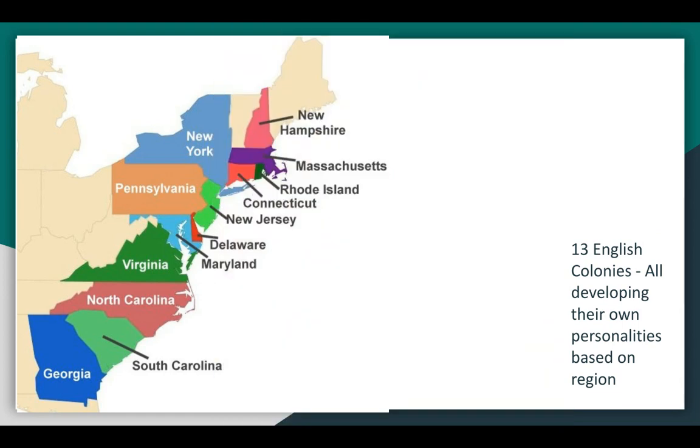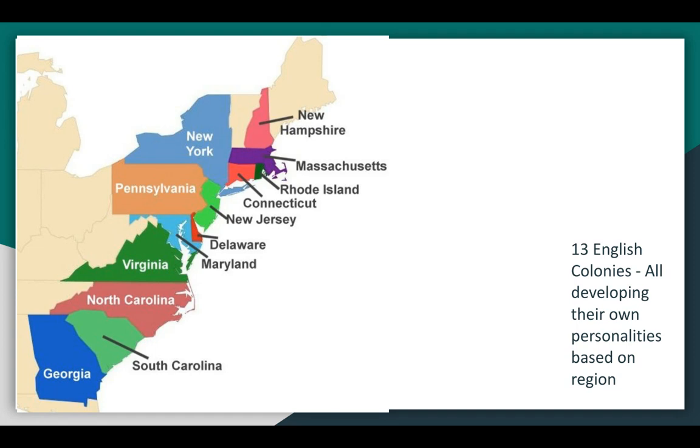Okay, so ladies and gentlemen, we're going to dip into the 13 English colonies and kind of talk about them in groups. So one thing to note is that these are the original 13. You should probably know, I would hate to say you have to memorize all of these, but it's good to kind of have an idea of the 13 original colonies, kind of know where they are generally, because they're going to come up a lot, obviously.